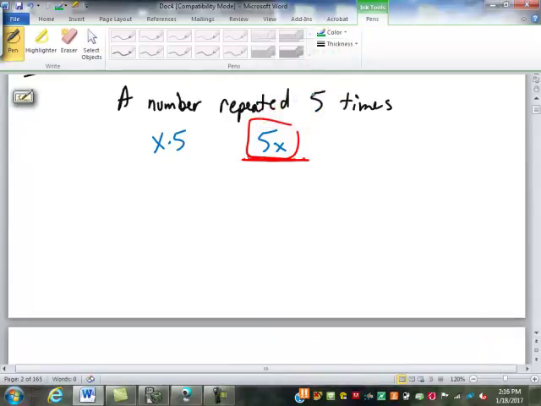So what did we come up with? What'd you guys come up with? Anybody want to be brave? There we go. Perfect. 5 multiplied by x. Any others?